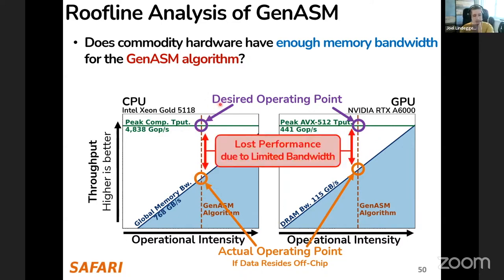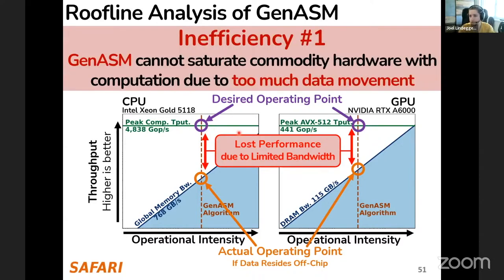That's lost performance due to limited bandwidth. If we had sufficient bandwidth, this blue line would be much higher, and the orange and the violet points would meet, but we don't have that unlimited bandwidth in commodity hardware. That's why we're losing performance. And that's the first inefficiency we observe in the GenASM algorithm. GenASM cannot saturate commodity hardware with computation due to limited bandwidth.